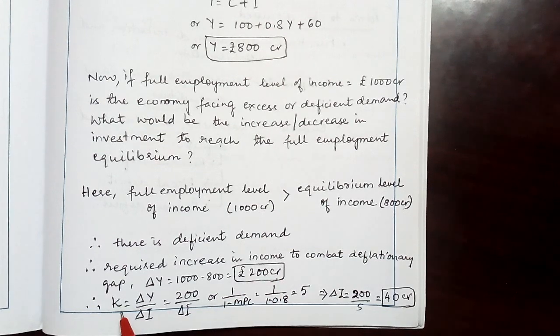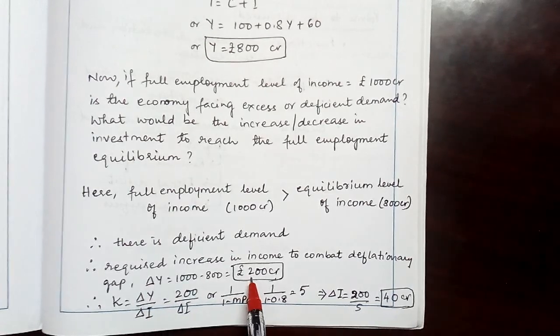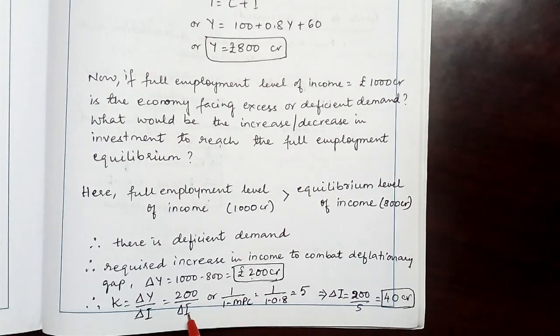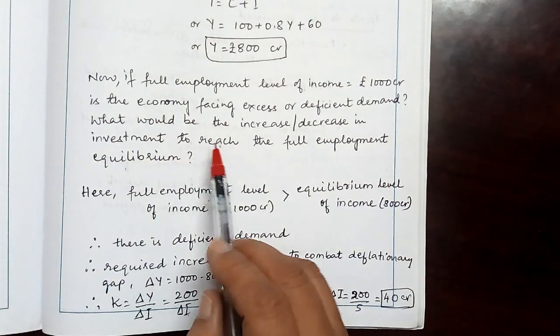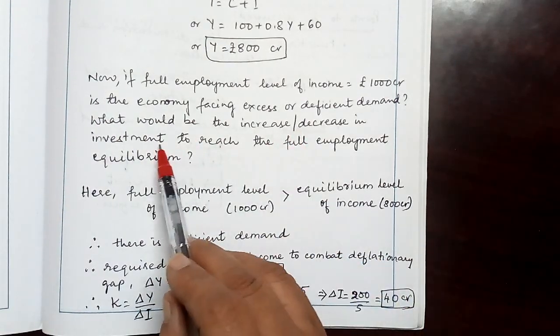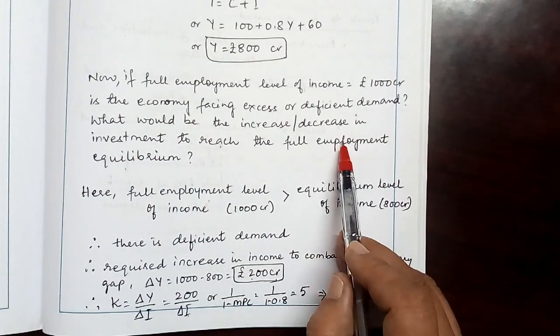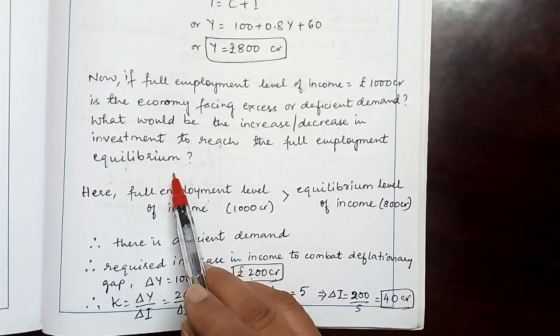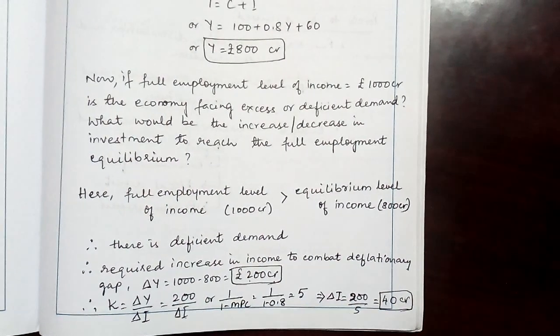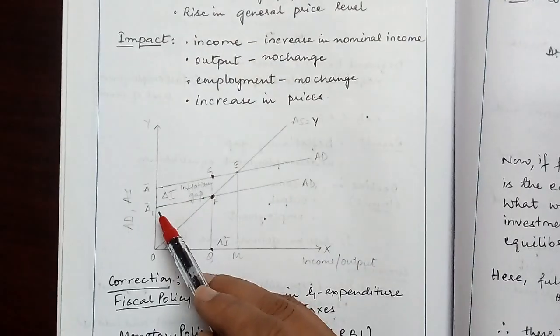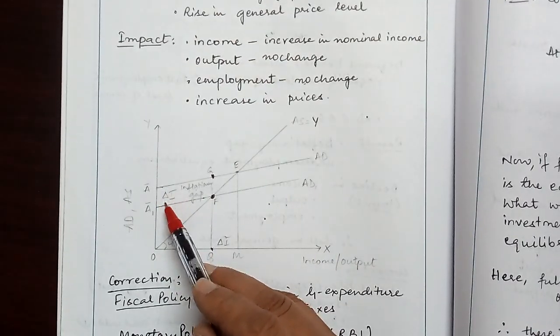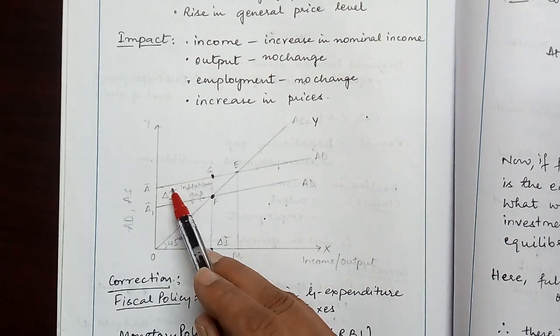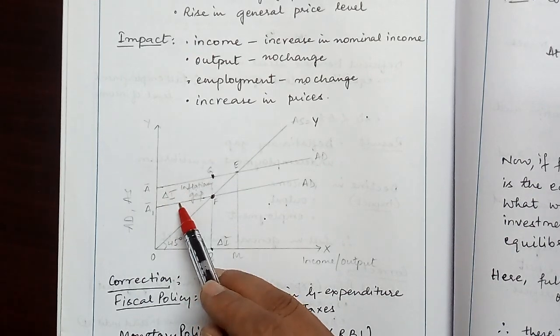Now what is a multiplier? Multiplier is, we learnt, delta Y by delta I, and we know delta Y is equal to 200 crore divided by delta I, because this is the demand for the next question. What would be the increase or decrease in investment to reach the full employment equilibrium? Now here we have seen in this graph, a decrease or increase in the investment would move the aggregate demand up or down.